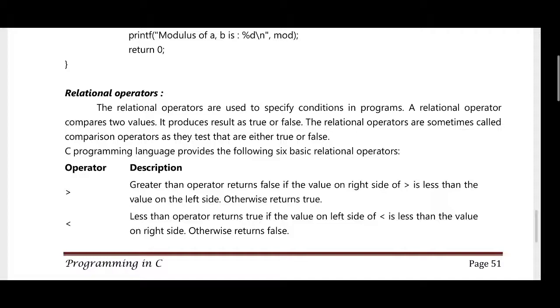The relational operators are sometimes called comparison operators, as they test whether a condition is either true or false. C programming language provides the following 6 basic relational operators.